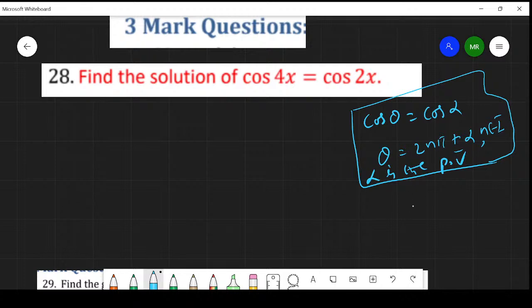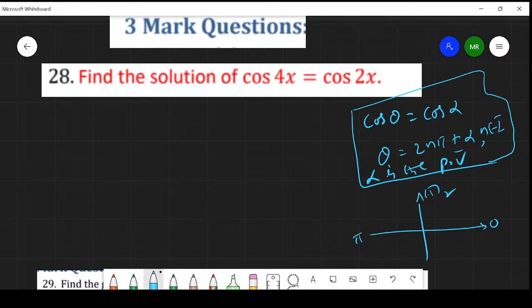How to find alpha in the case of cos? Here 0 degrees, pi by 2 which is 90 degrees, and this is pi.